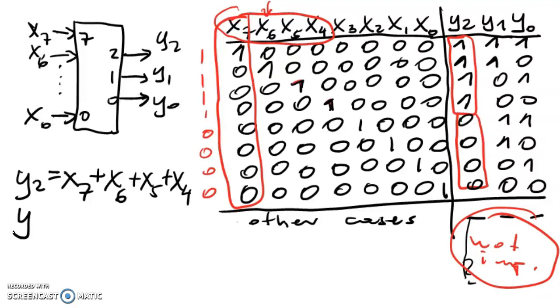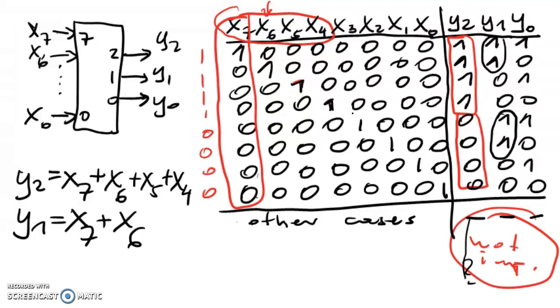What about y1? We do exactly the same. Looking at this, the ones in these 2 rows come from the first 2 variables, x7 plus x6 gives you 1, 1 and zeros here. But you need also 2 ones here, so you must find that these are x3 and x2.